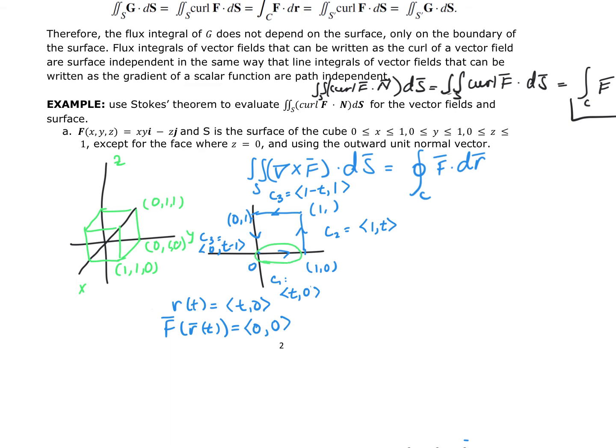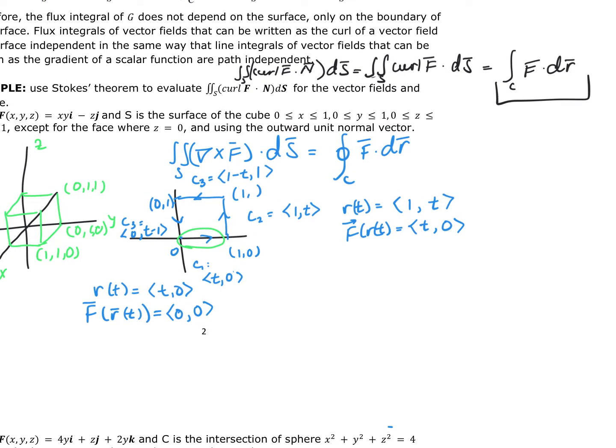Okay. If I look at my second curve, then my R of t here will be 1, comma t. That's not too bad, right? So then my F of R of t, well, this is going to give me t and then 0. But my R prime of t, which is what I'm going to need for the integration, is going to be 0, comma 1.